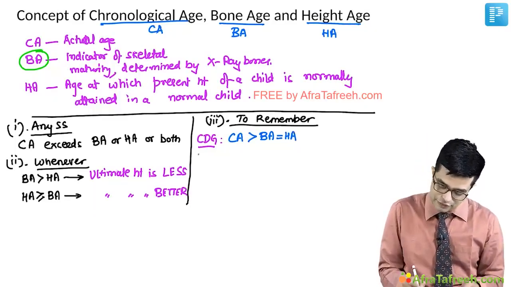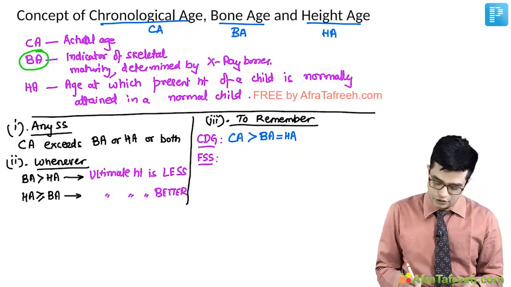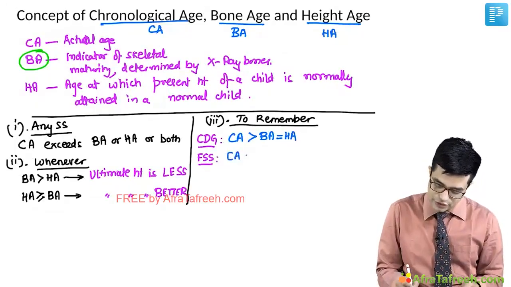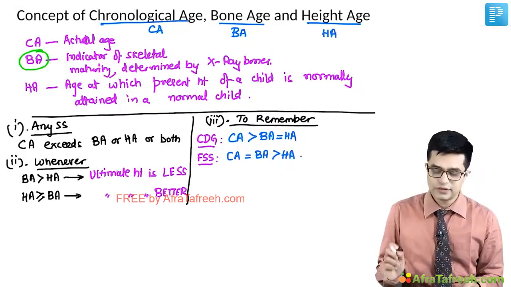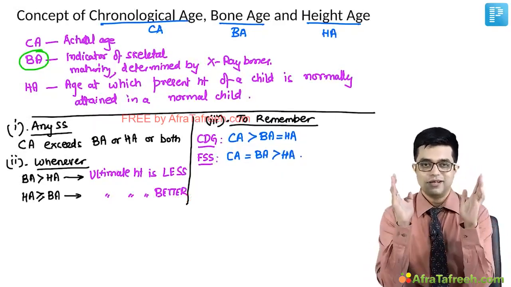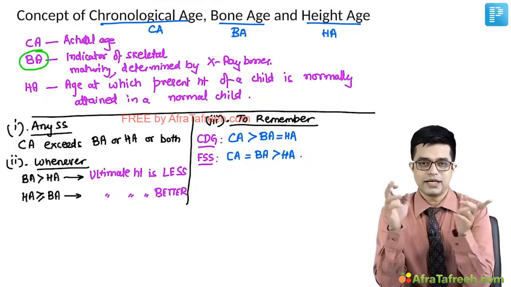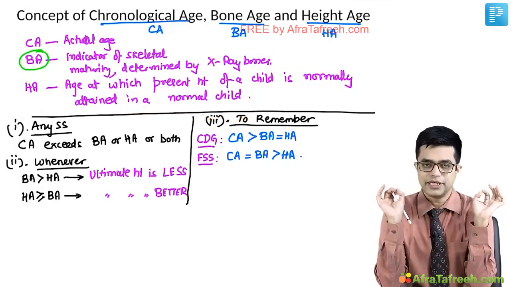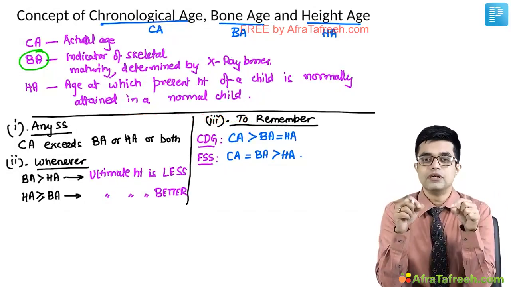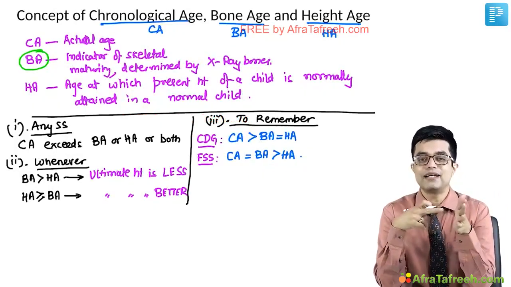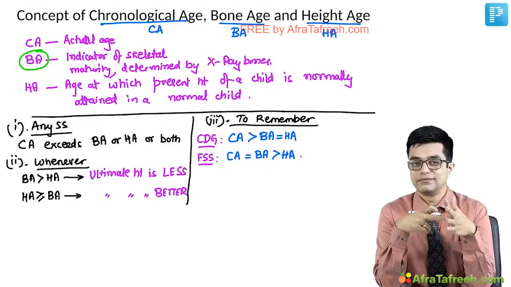In patients with familial short stature, chronological age corresponds to bone age, but both of them exceed the height age. So, in short stature, chronological age should be more than either bone age or height age, so both are having short stature, right? But if I ask you, which will have a better ultimate adult height?